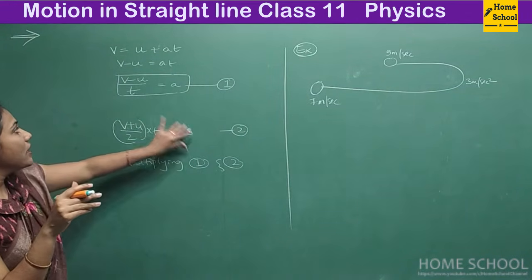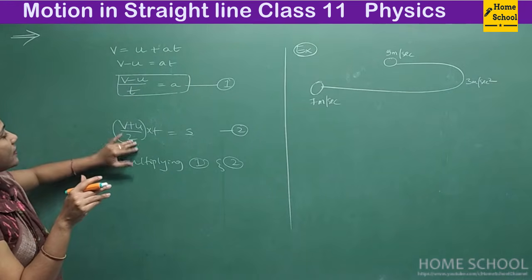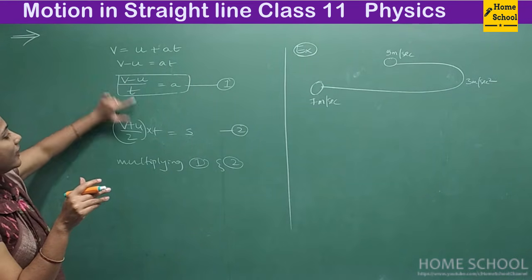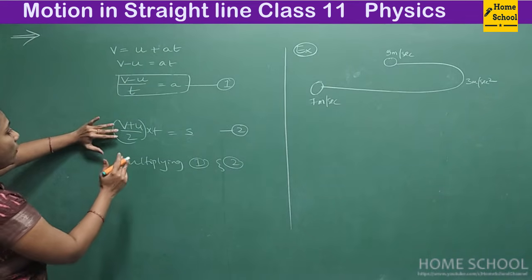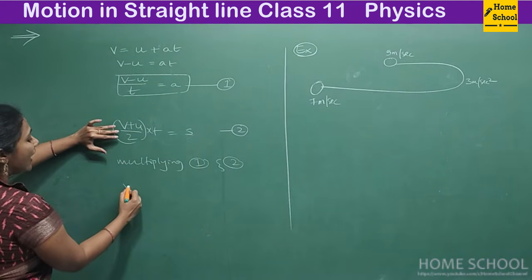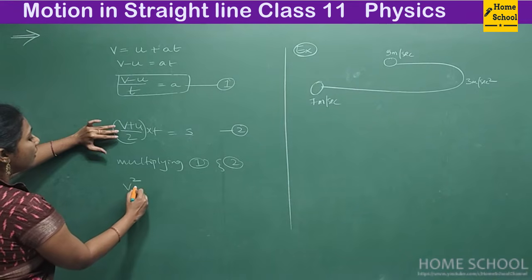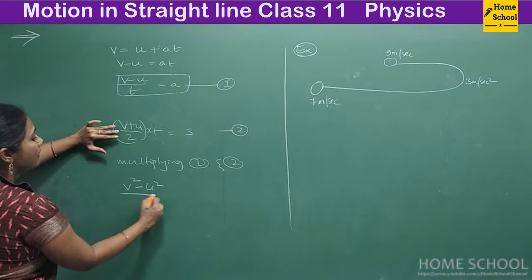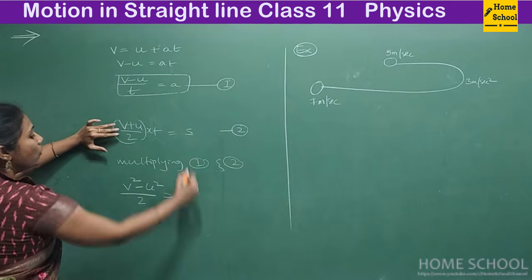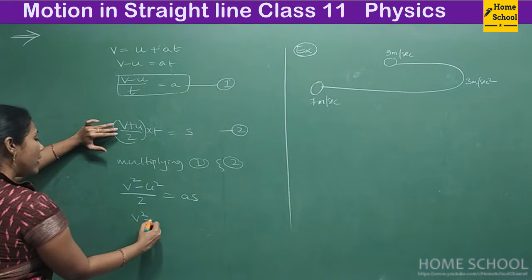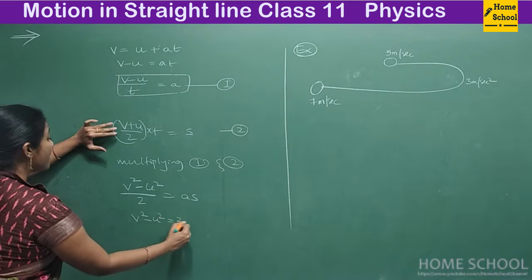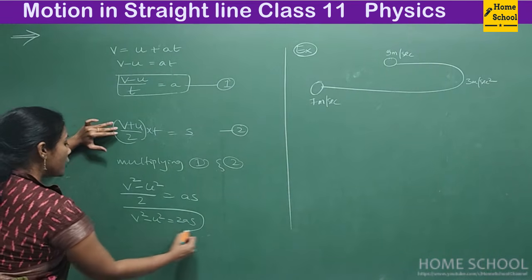When you multiply, in the denominator you had t and this t gets cancelled, right? And we will actually get v square minus u square by 2 is equal to as. So generally we can write it as v square minus u square is equal to 2as. So what is v?